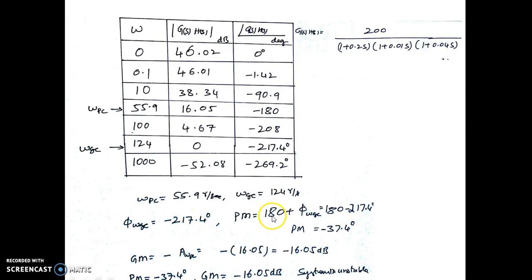So PM happens to be 180 plus that phase, that is 180 plus minus 217.4 degrees, which is minus 37.4 degrees. The corresponding gain margin, at omega equal to omega pc, we have 16.05, so it is minus 16.05. So gain margin is also negative now. Since phase margin is negative and gain margin is also negative, the system is unstable.